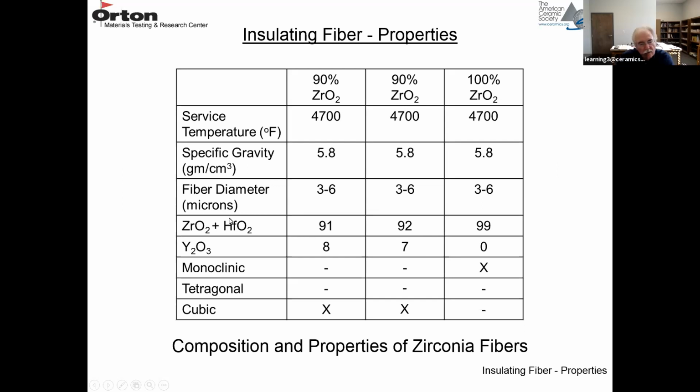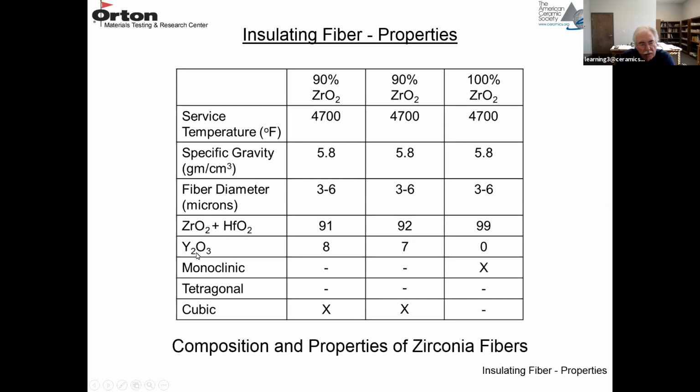So zirconia, ZrO2, in this case, is about 91, in this case, about 92, and in the 100% material, about 99. Zirconia always has associated with it some hafnium oxide. So there's a small amount, perhaps a trace, maybe even a little bit higher than a trace of HfO2 in this raw material.